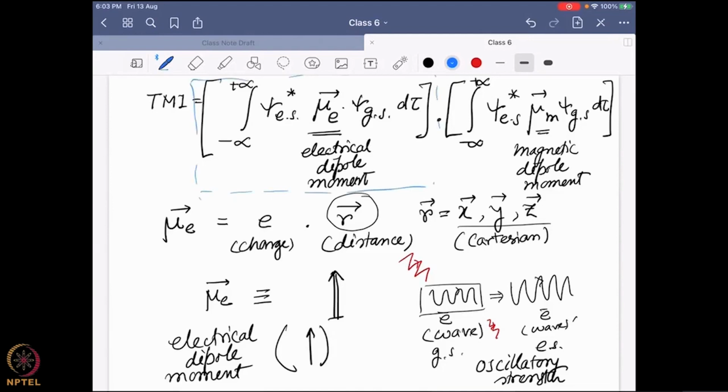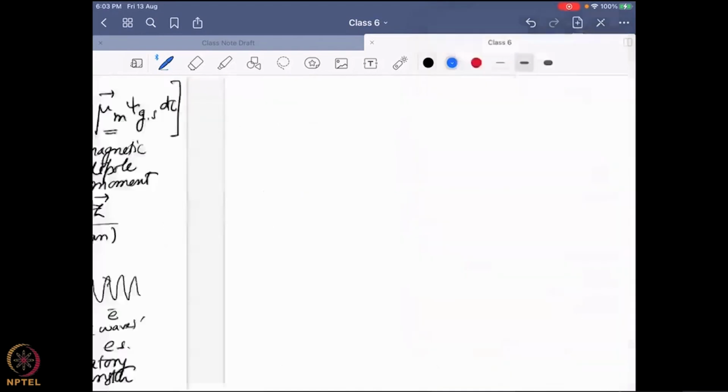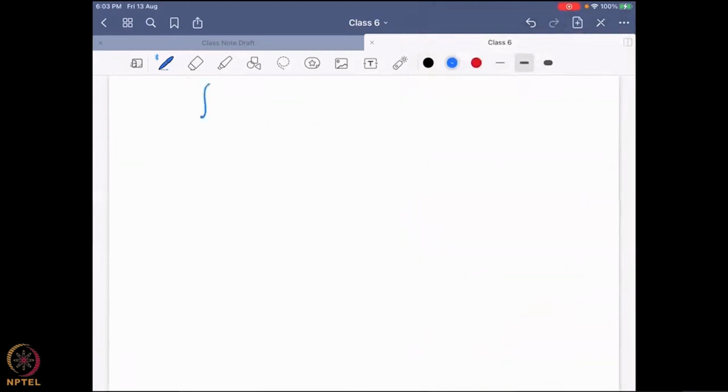Now what about this magnetic dipole moment? Magnetic dipole moment is also very important because it also has the probability to excite a ground state to its excited state. Now we talk about this magnetic dipole moment.